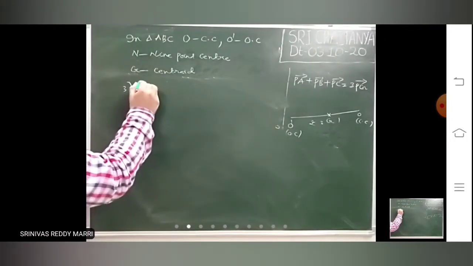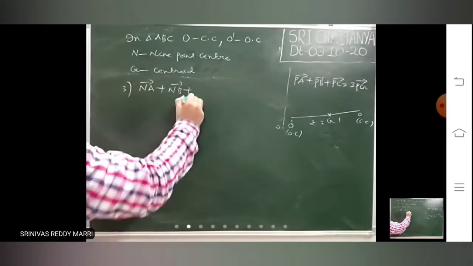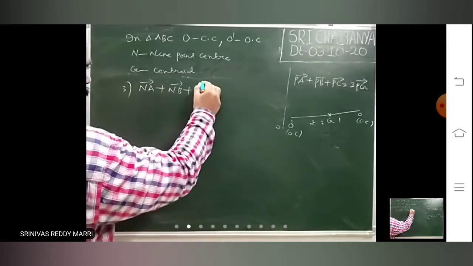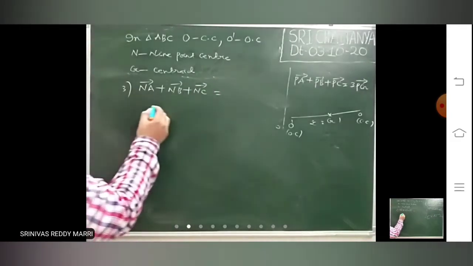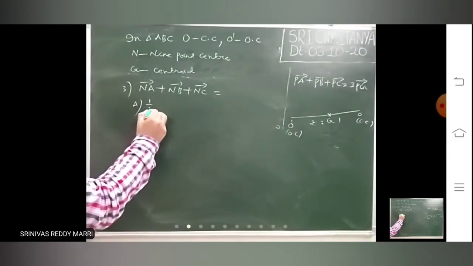Suppose NA bar plus NB bar plus NC bar, where N is the 9-point center.